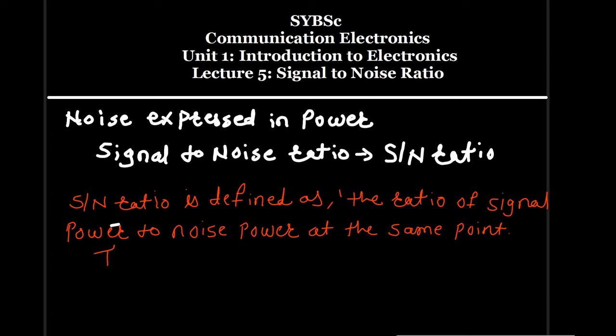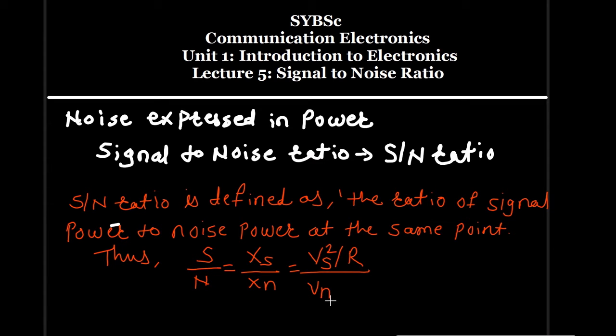Thus we can write the equation for that definition as S by N is equal to Xs by Xn, which in terms of voltage is equal to Vs square upon R divided by Vn square upon R. So the R's get cancelled, and we get Vs upon Vn whole bracket square.